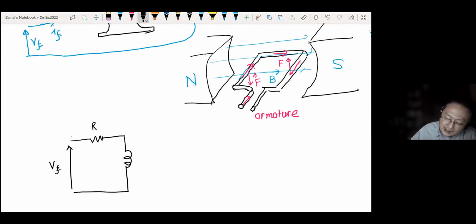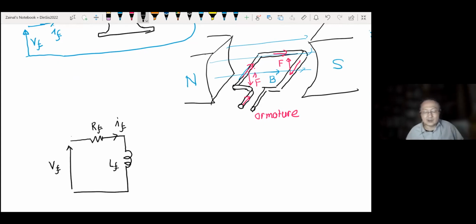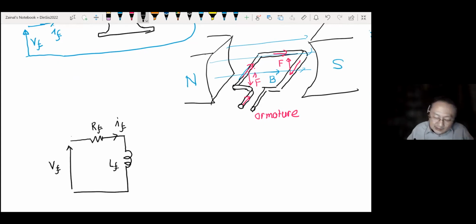This one R field, this one L field, and this one is current in the field. If you supply with voltage VF, then you will have current IF. Due to current IF, it will produce the magnetic field. This one becomes B.